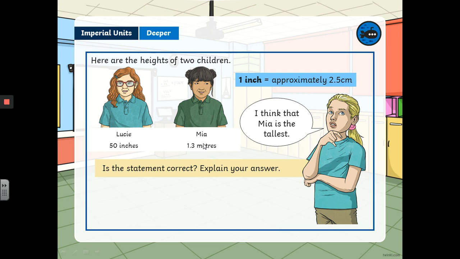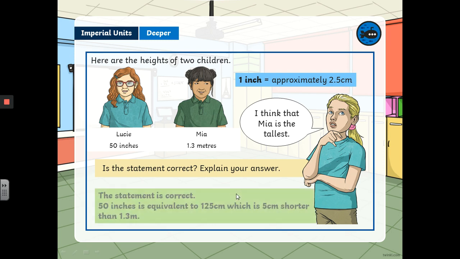Either you change Mia's height into inches or you change Lucy's height into meters and then see the difference. She is saying that Mia is the tallest. Let's find out. The statement is correct. 50 inches is equivalent to 125 centimeters, which is 5 centimeters shorter than 1.3 meters.